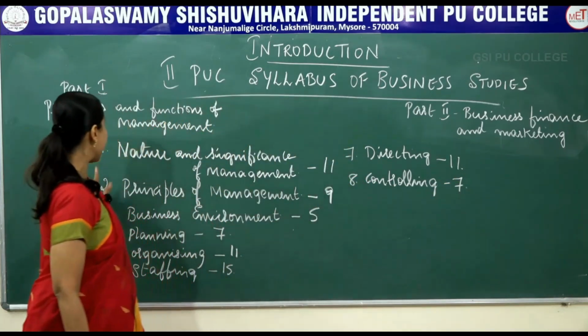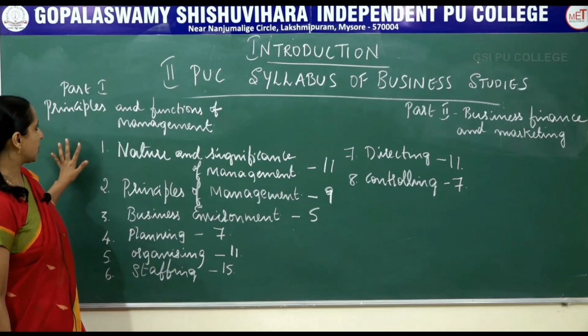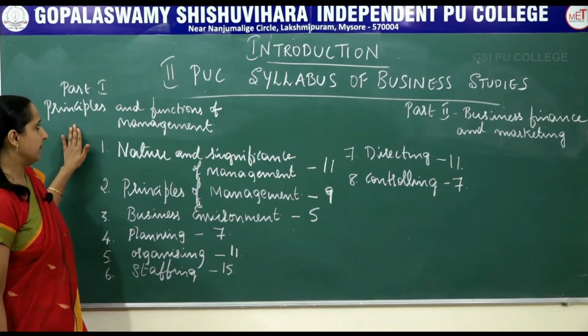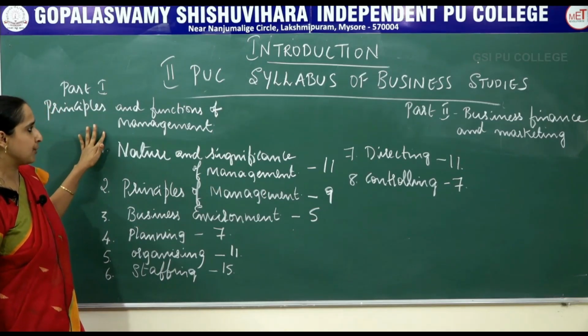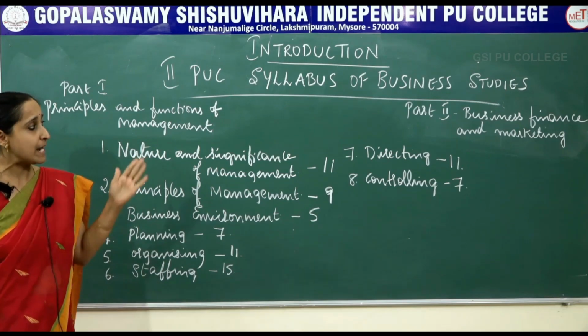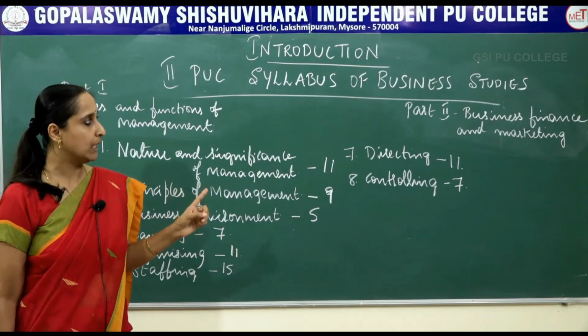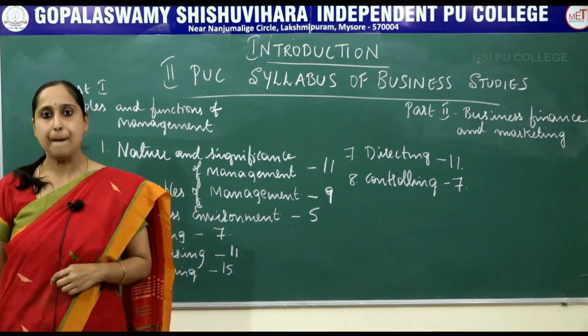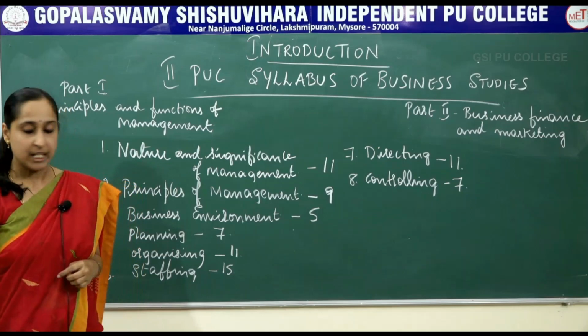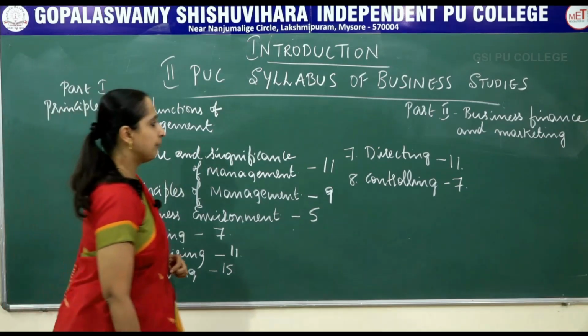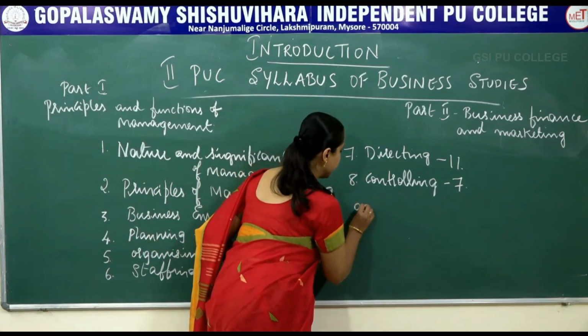So these are the 8 chapters which come in part 1, that is principles and functions of management. Now let us see what are the chapters which are included in part 2, that is business, finance and marketing. Chapter 9 is financial management.